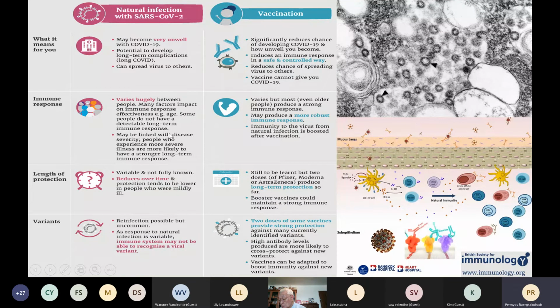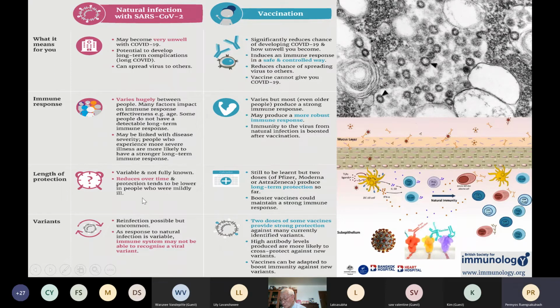But some patients with very severe disease, you nearly die, and you have enough antibody, but you already nearly died once. I think that's not good. But for the vaccine, you have a more robust immune response. And the time too.